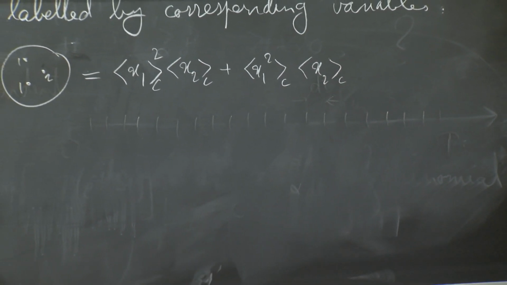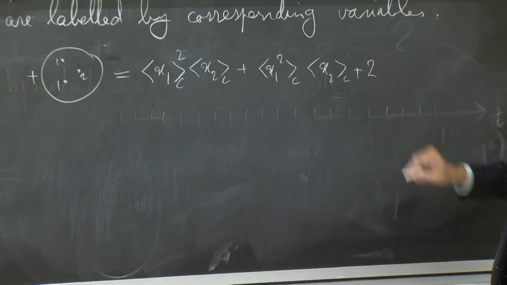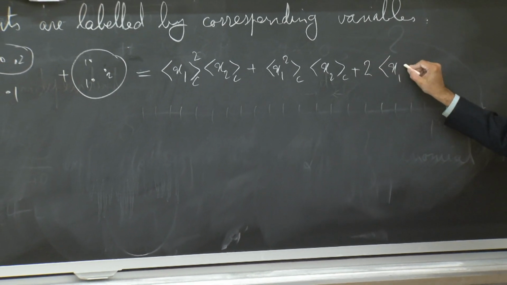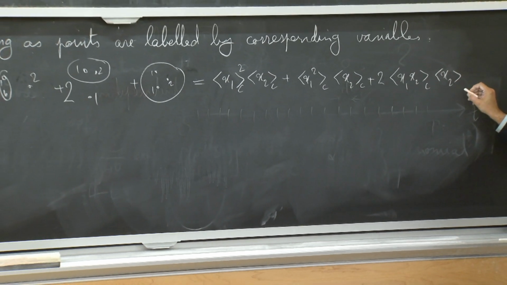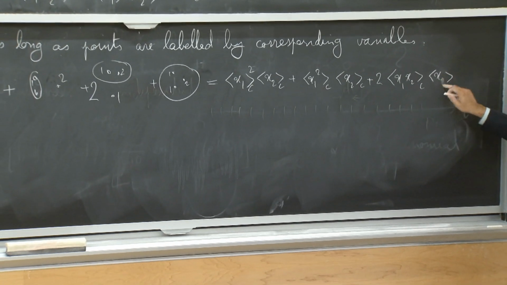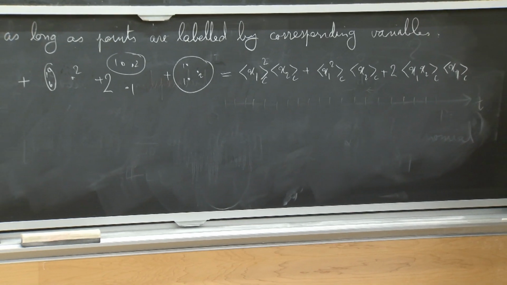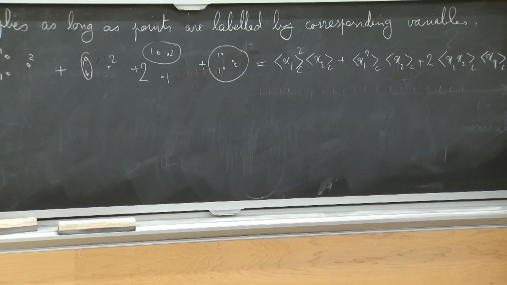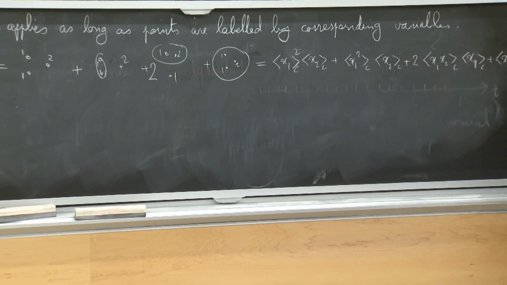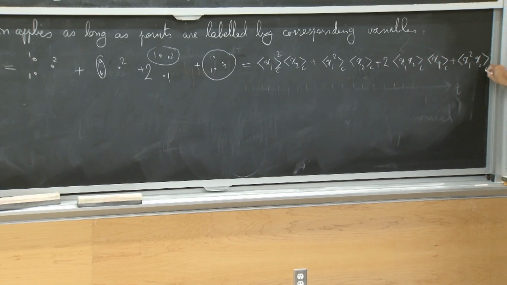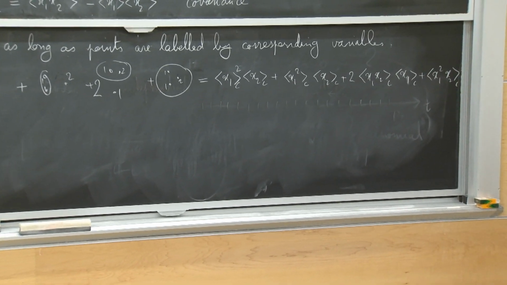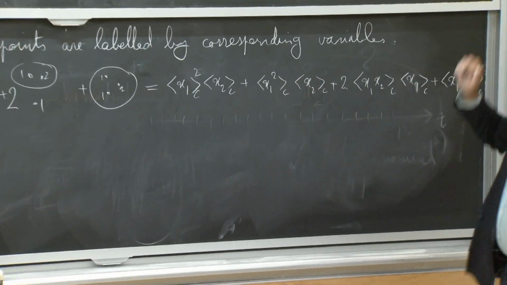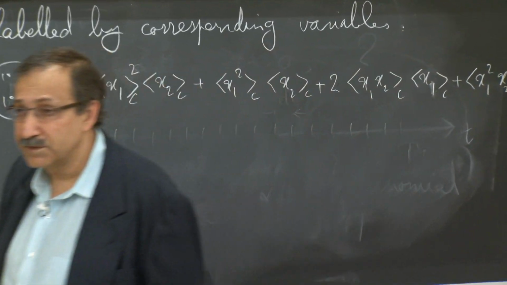The third term is twice the covariance of x1 and x2 times the mean of x1. And the final term is just the third cumulant. So again, you would need to compute these presumably from the log of the characteristic function, and then you would be done.